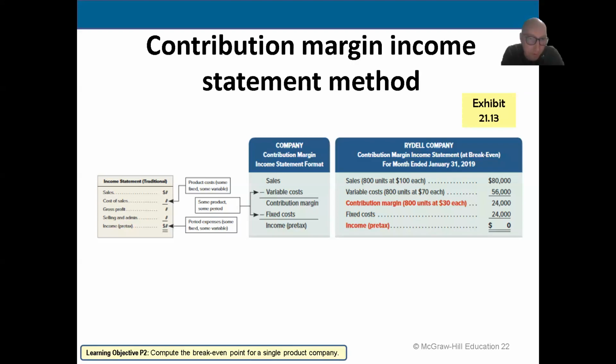Right? To find the contribution margin using this format, we take sales minus variable costs equals contribution margin minus fixed costs equals income.